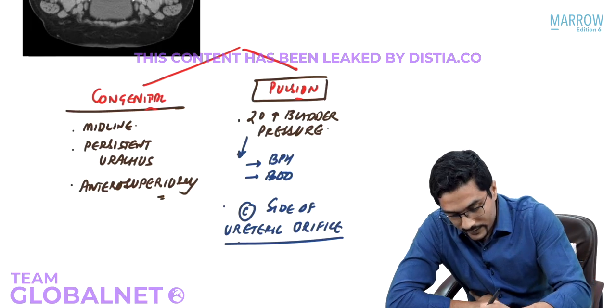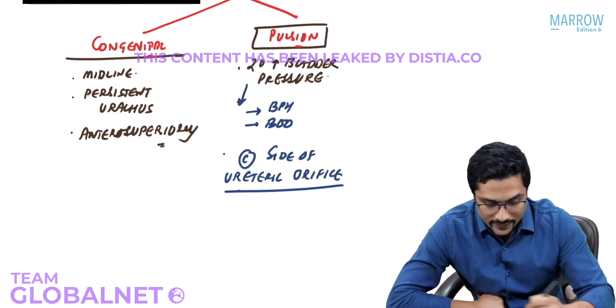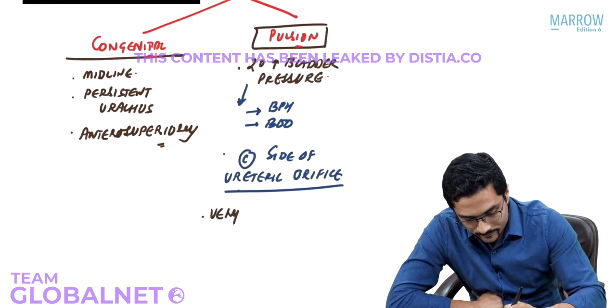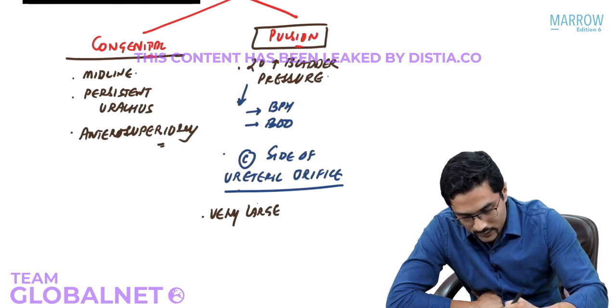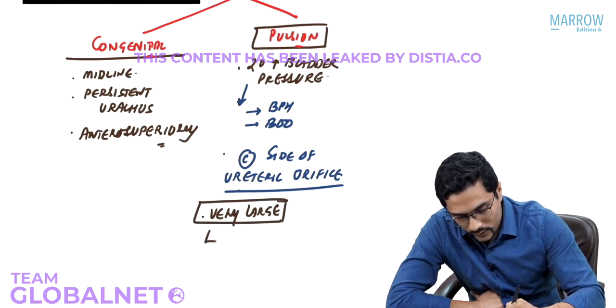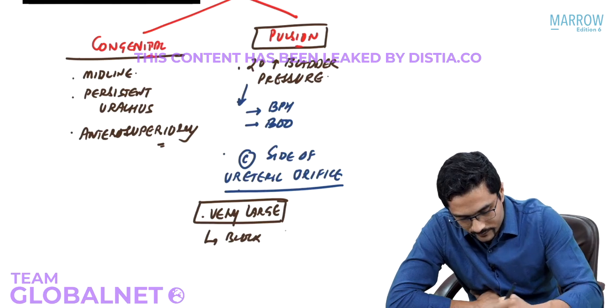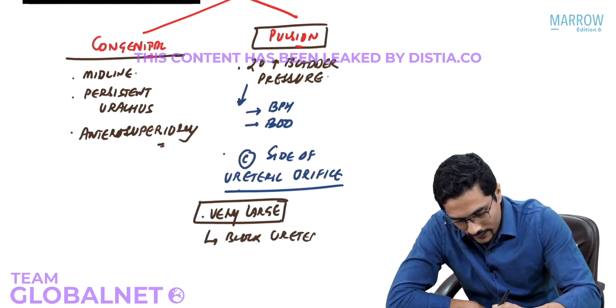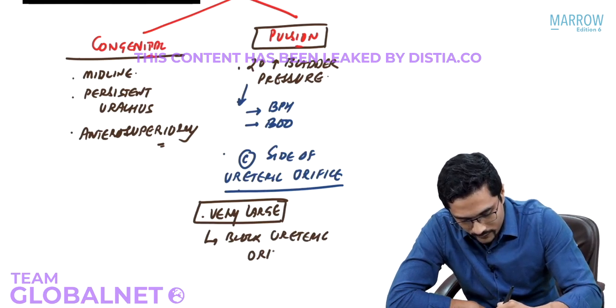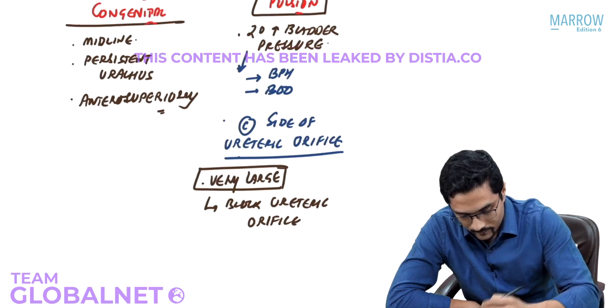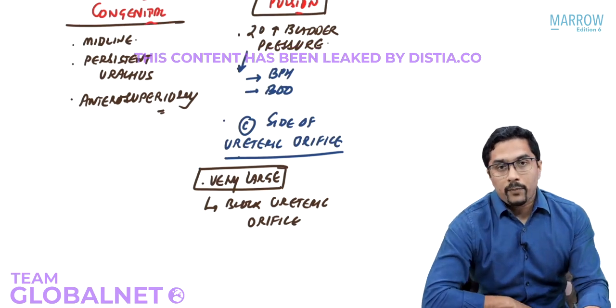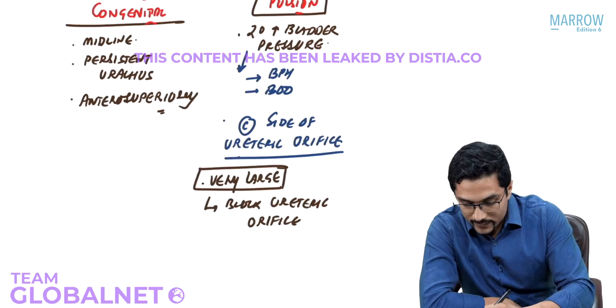They can increase in size, and very large diverticulae can block the ureteric orifice. So this is regarding pulsion diverticulae, which are secondary to increased pressure.